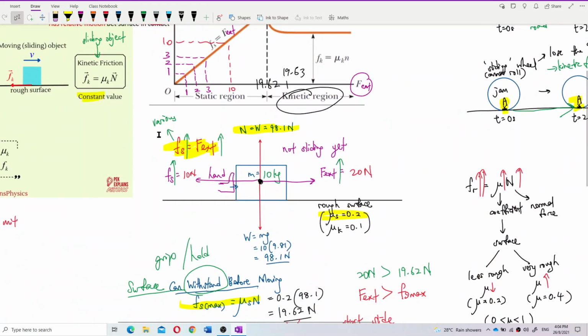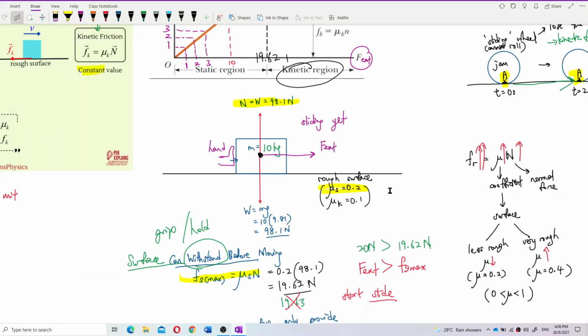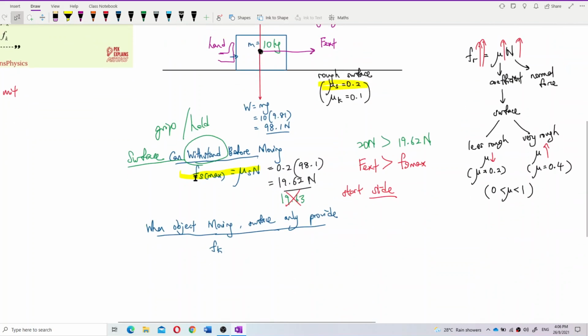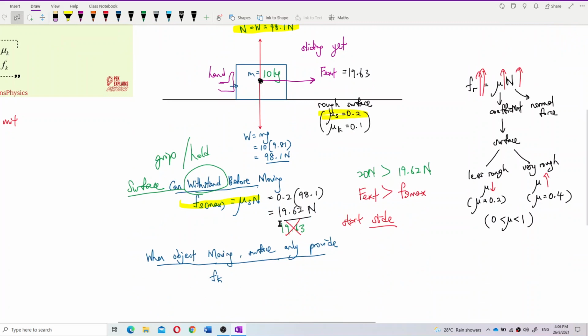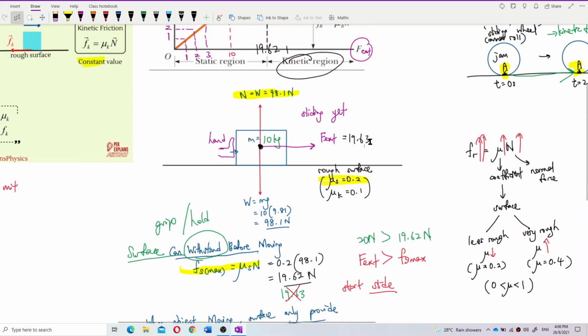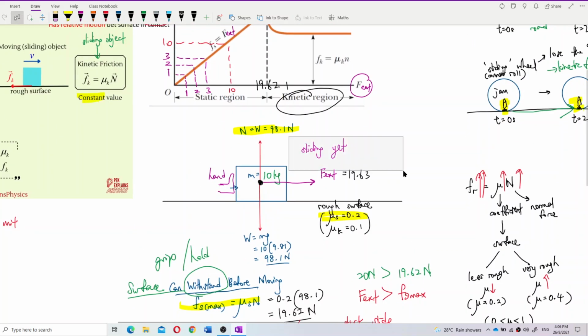So let me draw the block one time. Now, we know that the maximum static friction is 19.62 Newton. Let's say I push up to 19.63, more than the maximum static friction. So definitely it starts to slide already.